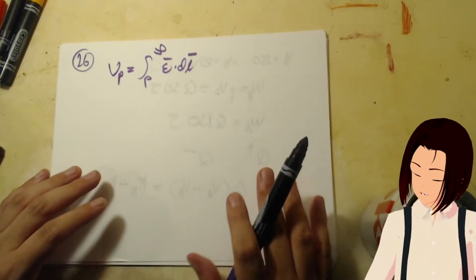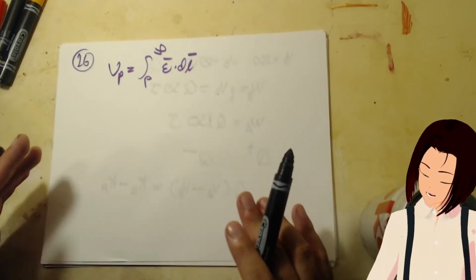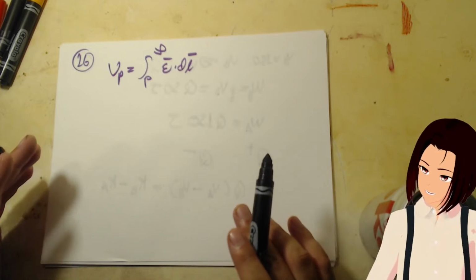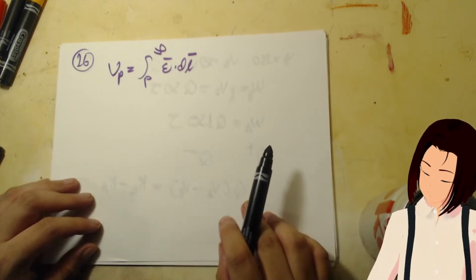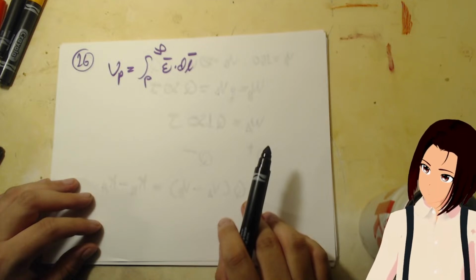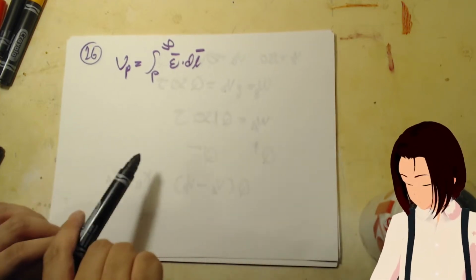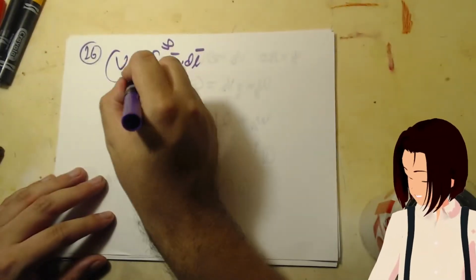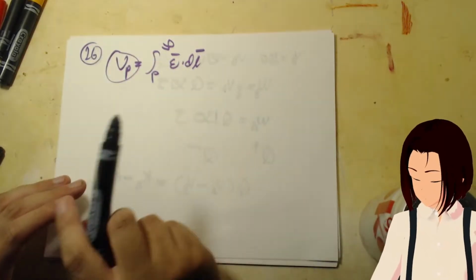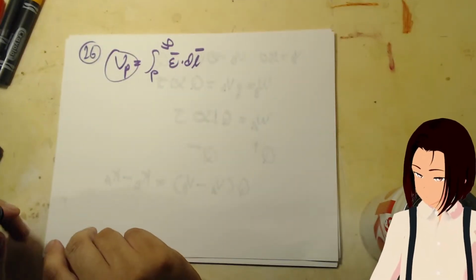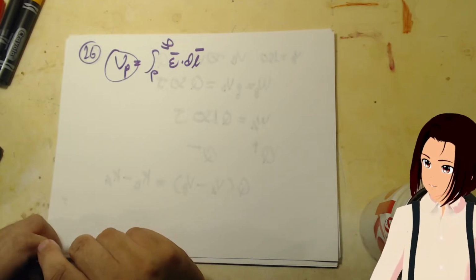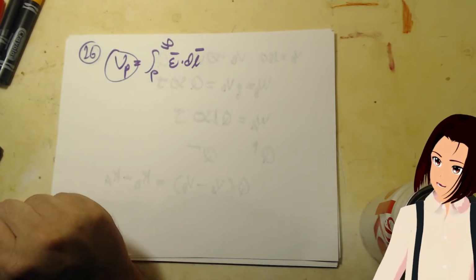So what if we knew the electric potential everywhere? How do we find the electric field? How would we find it? Do you know? Say we know the electric potential. How will we find the electric field?